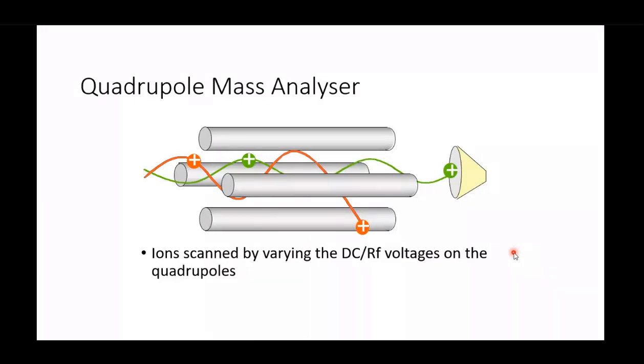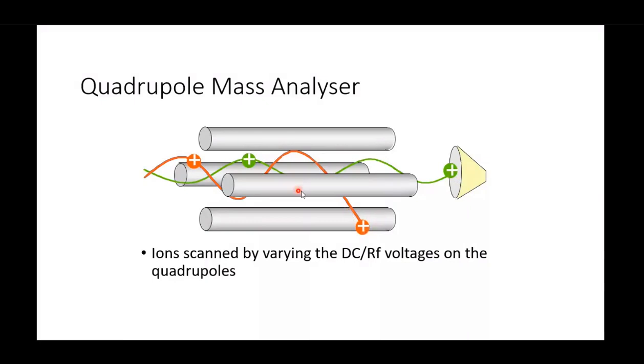As you can see, it has 4 rods, and we apply a DC and RF voltage in such a way that as we scan the DC RF voltage, one ion gets stabilized and reaches the detector at one particular DC RF voltage. But at that DC RF voltage, all other ions go out.